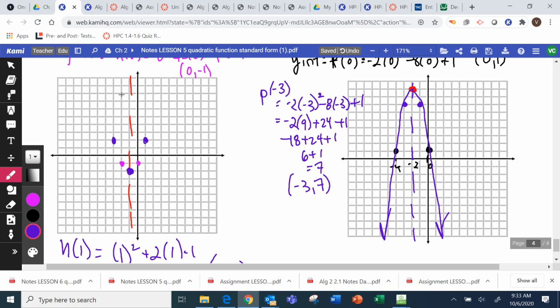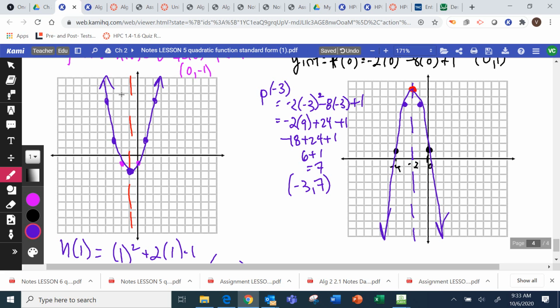So if I notice it's up 1 out 1, up 4 out 2, then it's going to hold that same pattern because there wasn't a stretch. So I actually could find more points by just knowing that original transformation pattern that we did a lot prior to today. So that's what the graph should look like.